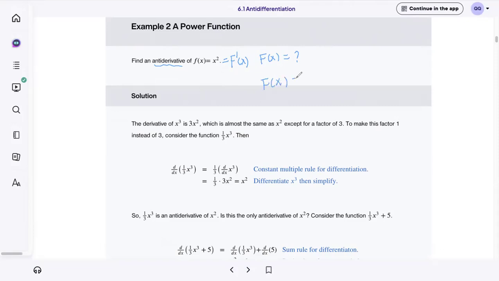This is polynomial-like, we have x squared. I'm going to choose a different color. I add 1 to the exponent, I divide by the new exponent, then I add a c to it. Let's simplify this. 2 plus 1 is 3, right? x cubed divided by 3, then plus c.